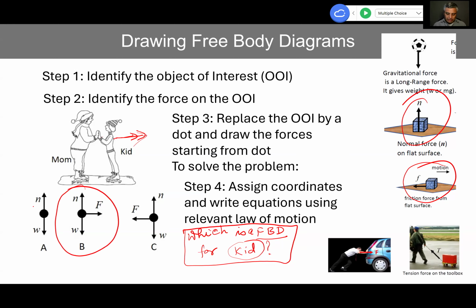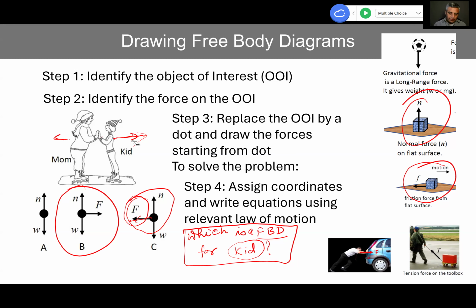So this other force is not acting on the kid. The force on the left is acting on the mom. If we were making a free body diagram of mom, then we would be drawing this. The force on the mom is going to be on the left from the kid, right? So kid is pushing mom to the left.